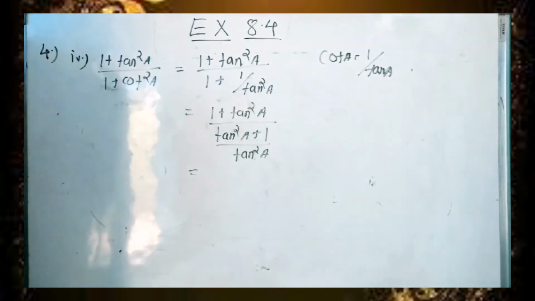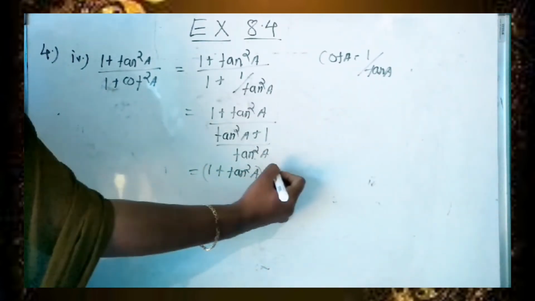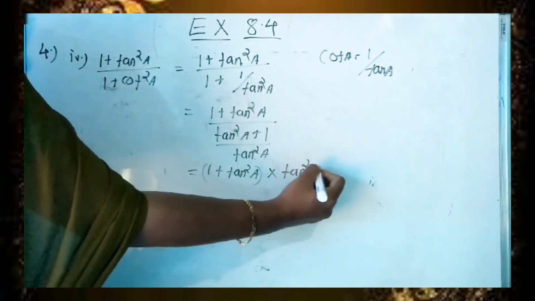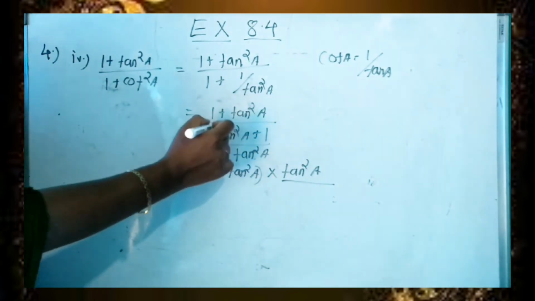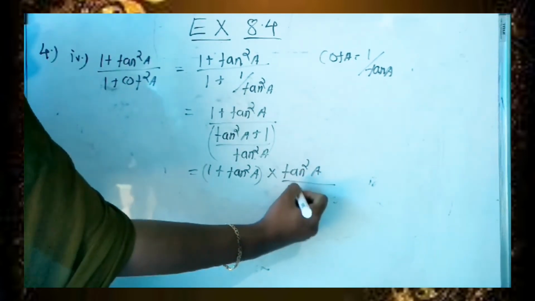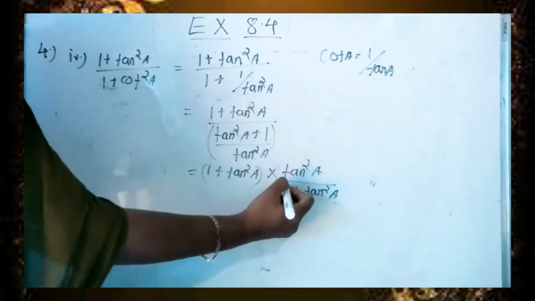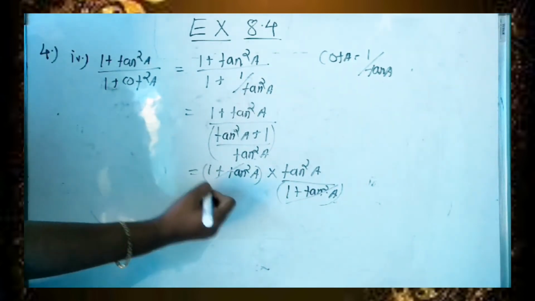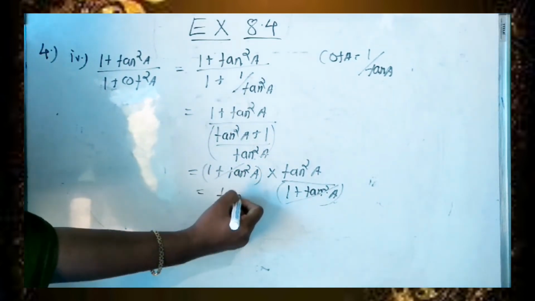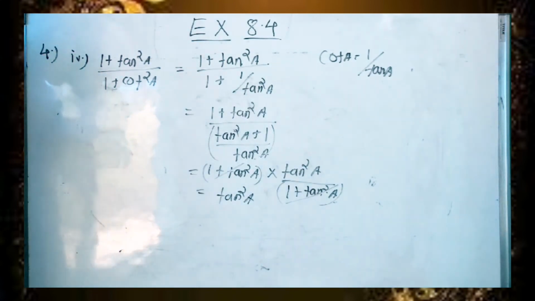And this is equal to 1 plus tan square A into tan square A, just take the reciprocal of your denominator, divided by 1 plus tan square A. These two get cancelled and we will get tan square A. So 1 plus tan square A divided by 1 plus cot square A is equal to tan square A. That is option D.